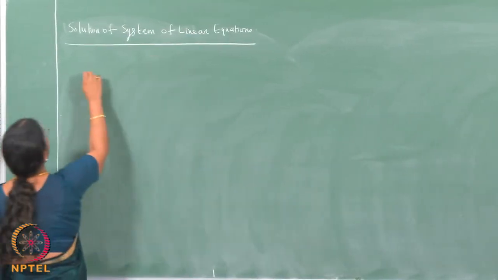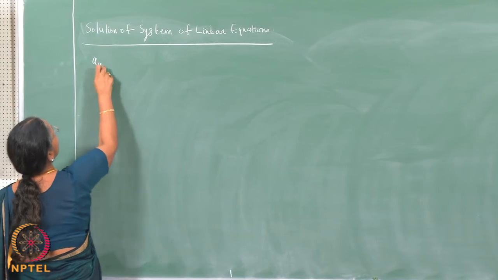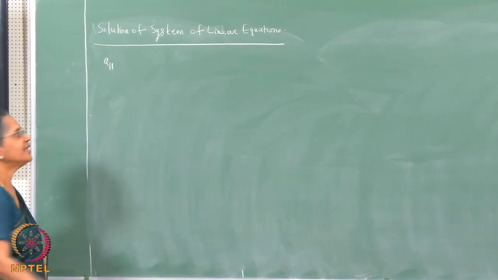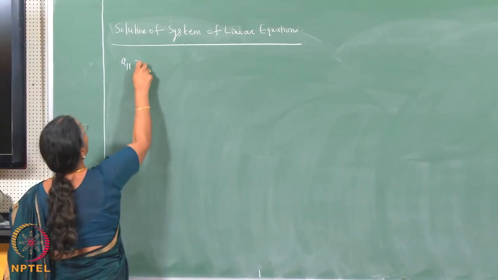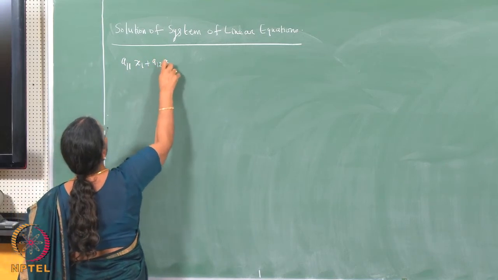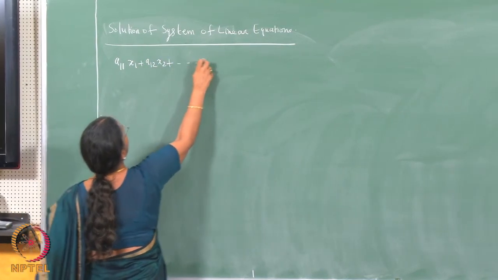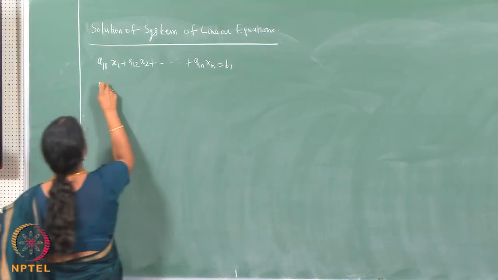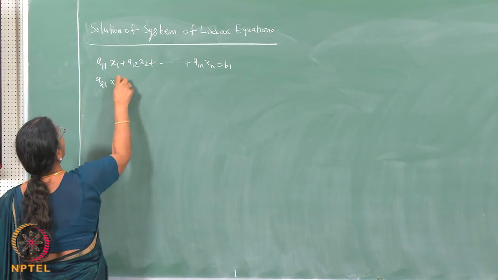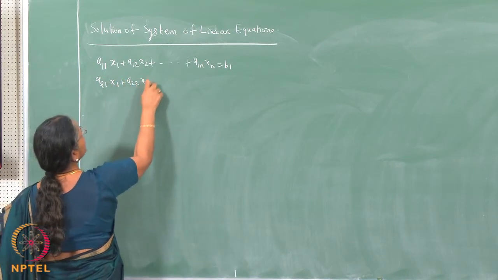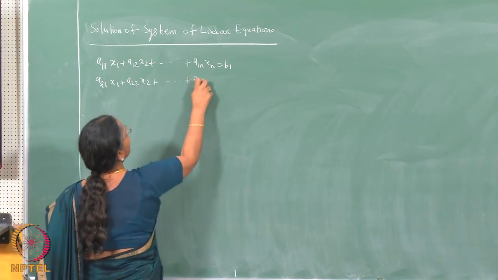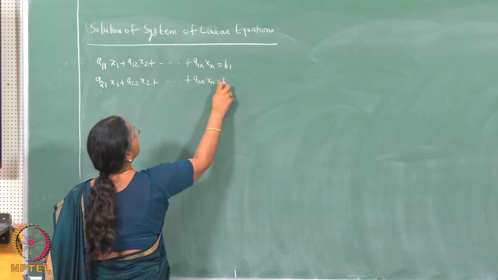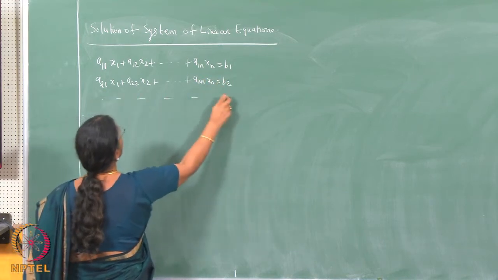The system of linear equations in n variables can be written in the form a11 x1 plus a12 x2 plus etc. plus a1n xn equal to b1, a21 x1 plus a22 x2 plus etc. plus a2n xn is b2, and so on.